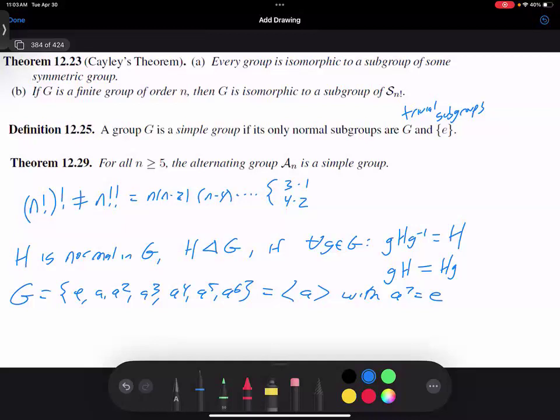Okay, but if I look at a squared, I would have a squared, a to the fourth, a to the sixth, a to the eighth. A to the eighth is the same as a. So actually, if I look at what's generated by a squared, I actually just get back G. So what are the subgroups of G? Okay, so how do you prove that it's simple?